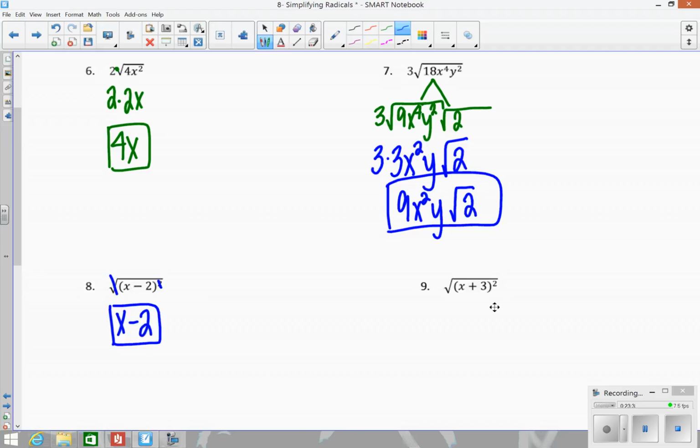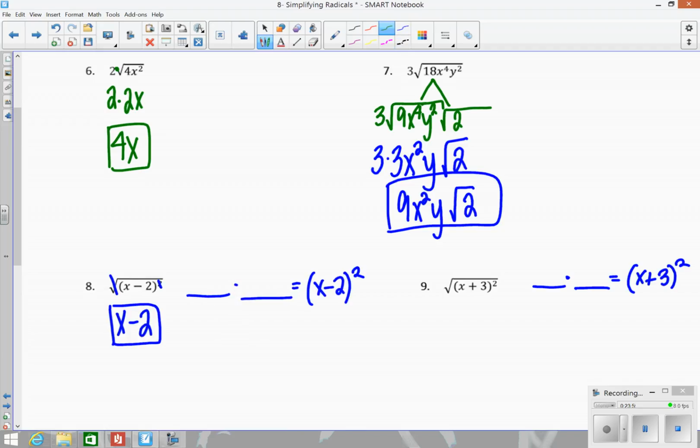So same with this one, since the whole quantity underneath is being squared, it's asking you what times what gives me x plus 3 to the 2nd. So it's saying what times what equals x plus 3 to the 2nd. Just like this one, this is saying what times what gives me x minus 2 to the 2nd.